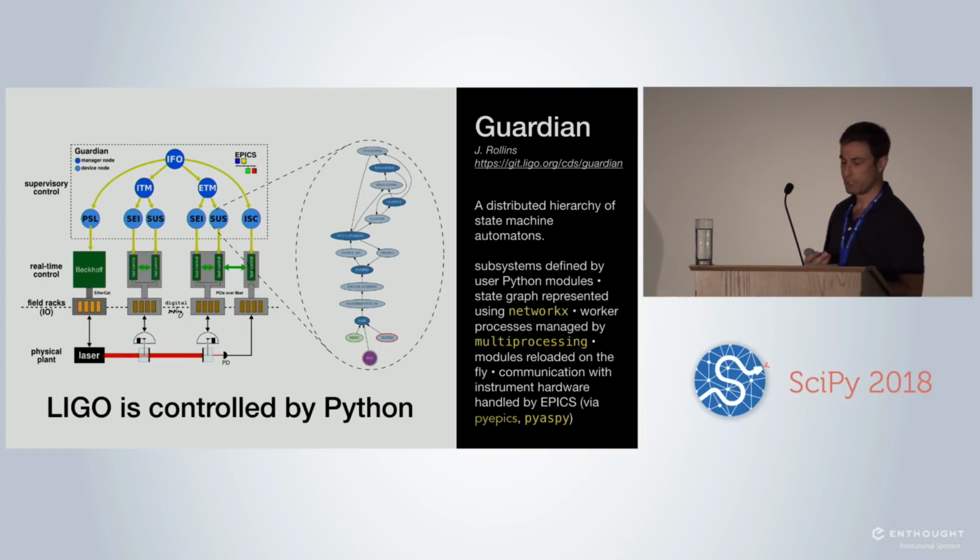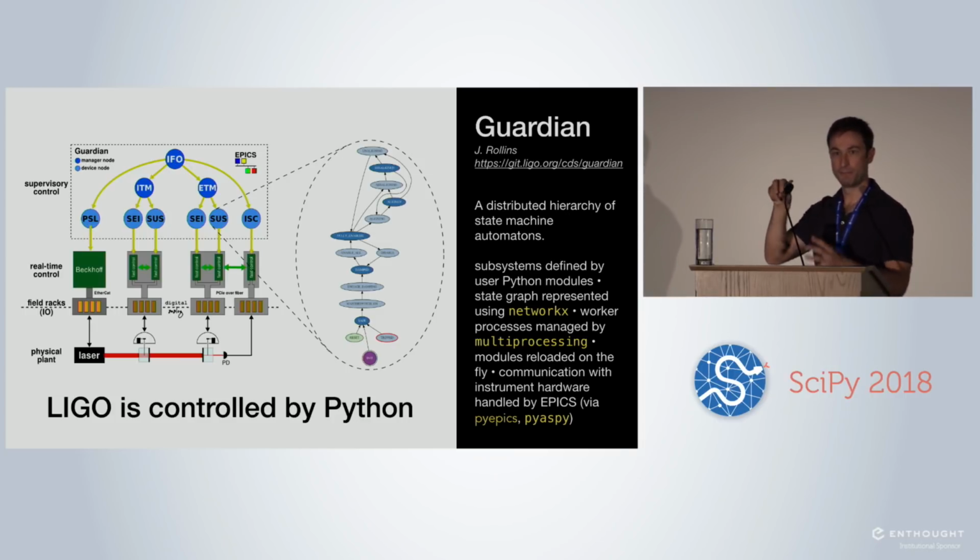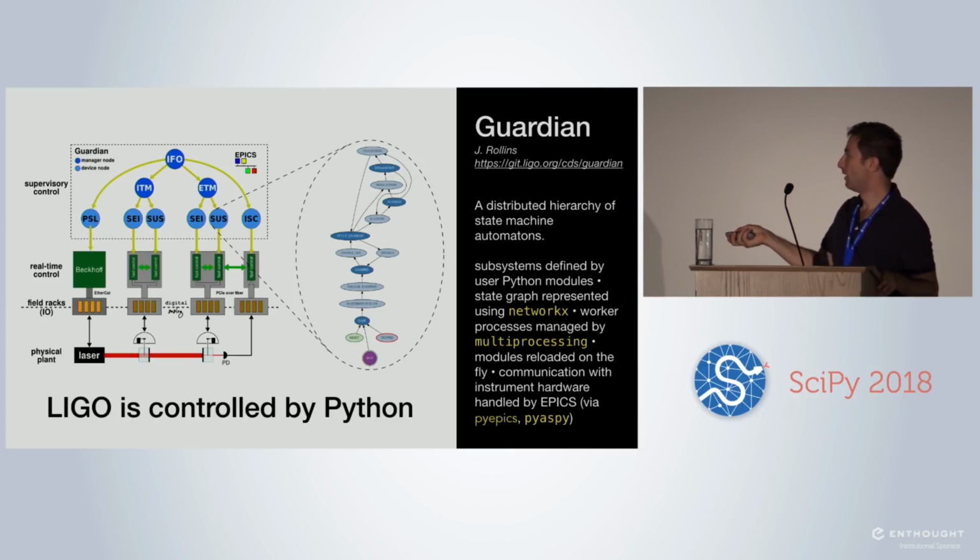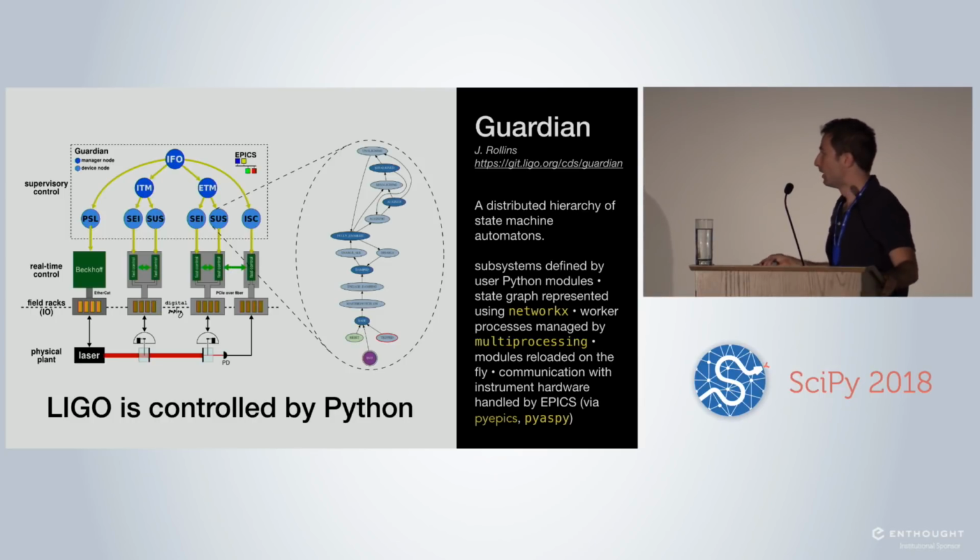For each little subsystem, it represents a graph of state transitions using NetworkX. Each little worker is running in a tightly managed subprocess using multiprocessing, and it talks with the hardware through EPICS via some Python bindings. So LIGO is controlled by Python.